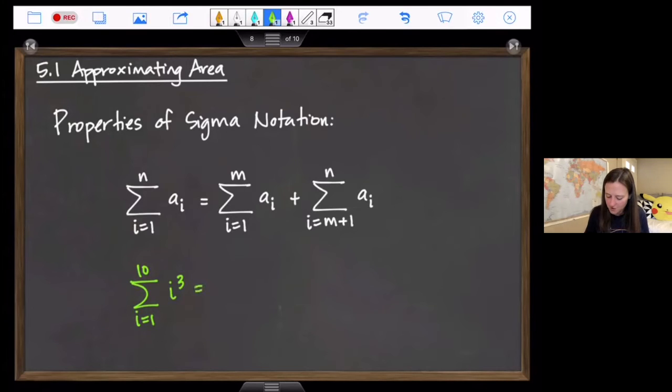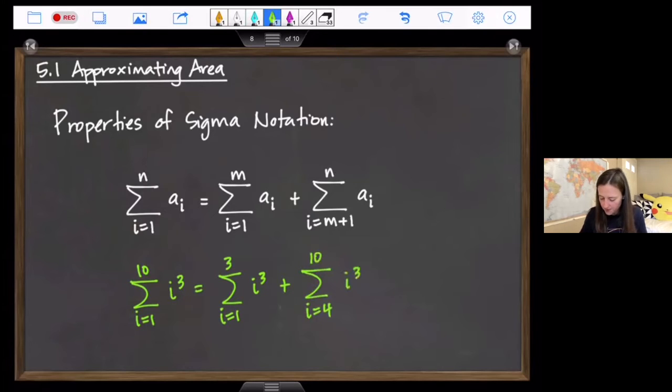So I could make this the sum i equals 1 to 3 of the same formula, in our case, i cubed. And then I can pick back up at i equals 4 for my next sum, and then just add them together, and go all the way to 10 of the same formula. So if you want to break it up, you can. You just take part of them in the first sum and part of them in the second sum.